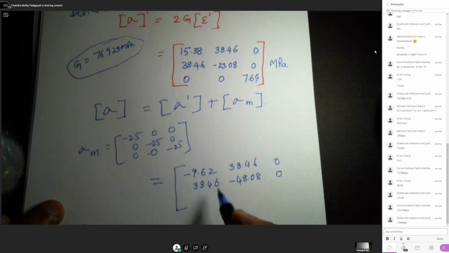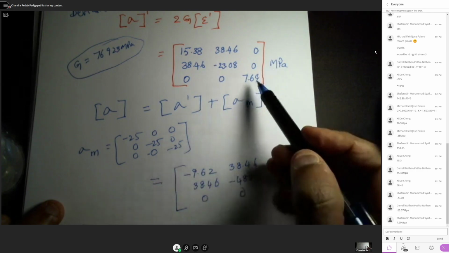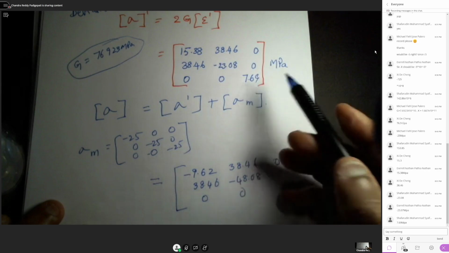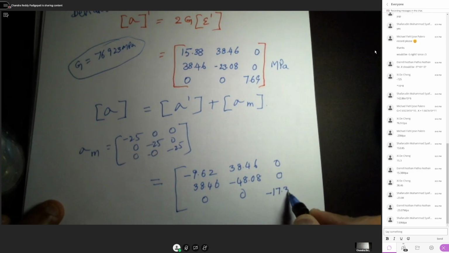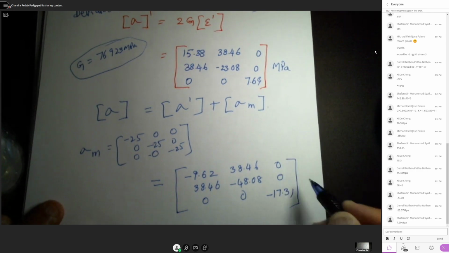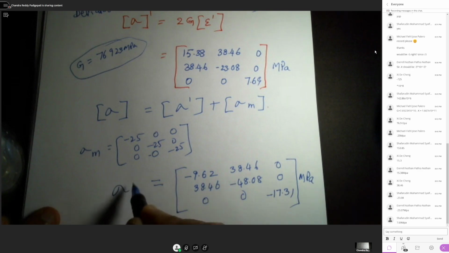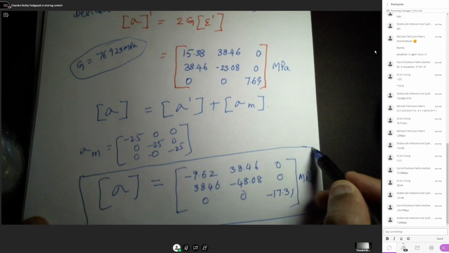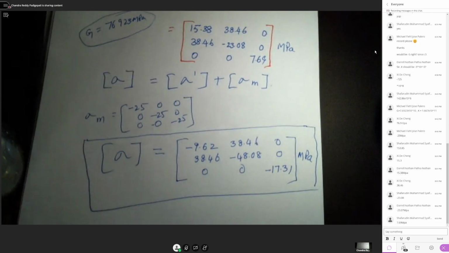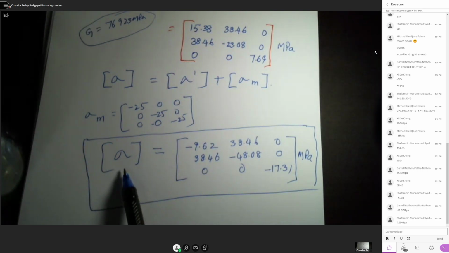So this will be 0, then 0, 0, then negative 25 plus 7.69. So you will get negative 17.31 megapascal. So this will be the stress tensor. So we have converted the given strain tensor into the stress tensor.